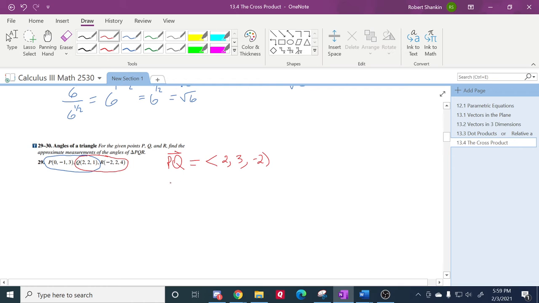And then you have Q to R. Negative 2 minus 2, which is negative 4. 2 minus 2, which is 0. 4 minus 1, which is 3.